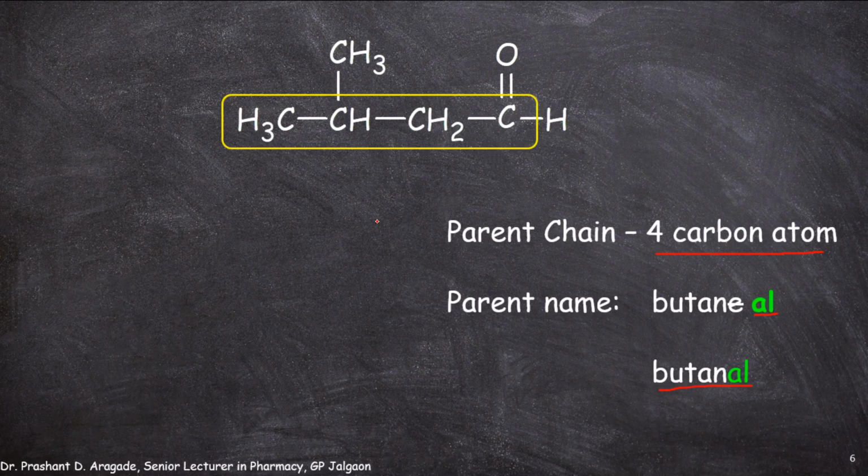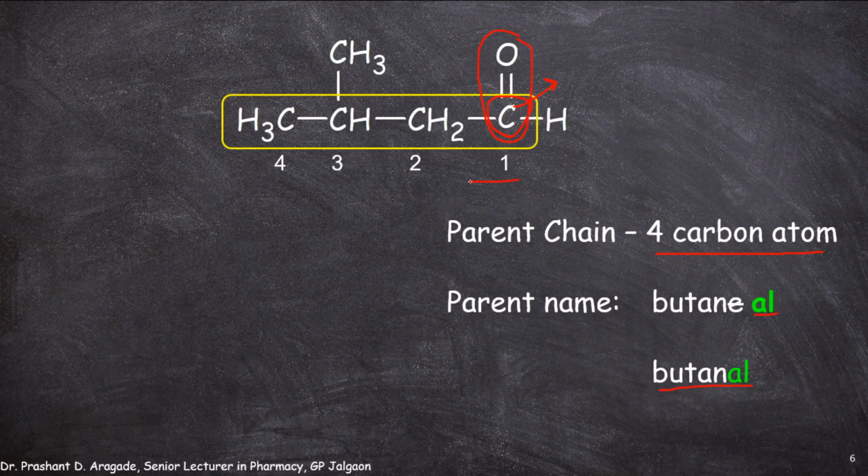In case of aldehyde, the numbering should start from the carbonyl carbon atom. This carbon atom is called the carbonyl carbon because it is involved in the formation of a double bond with oxygen. So this functional group is the carbonyl functional group and this carbon atom is the carbonyl carbon atom.